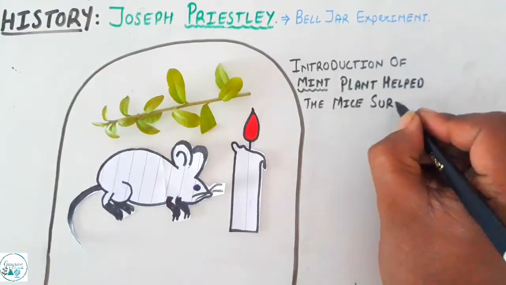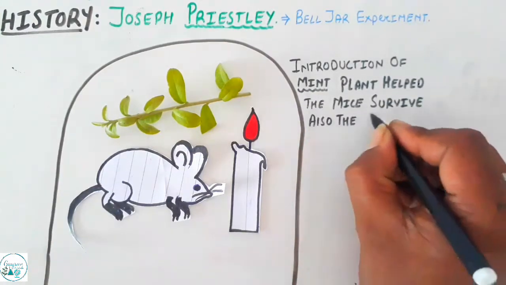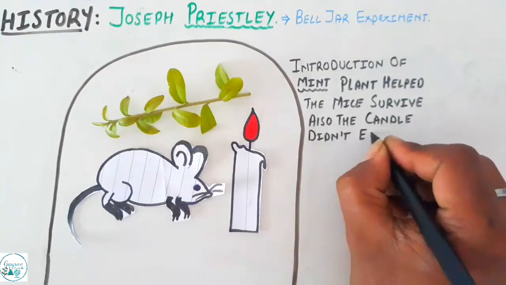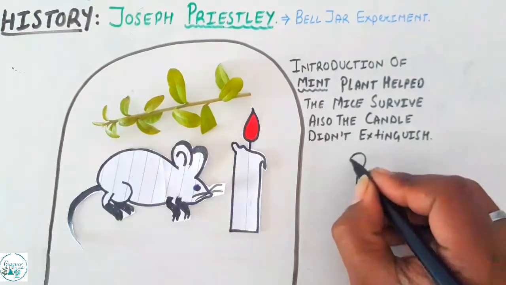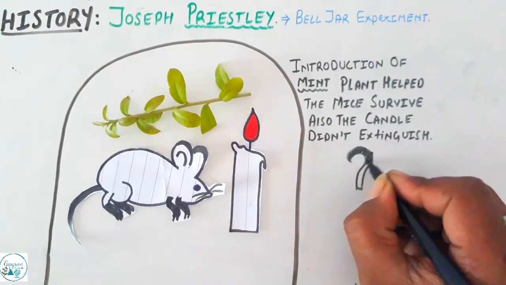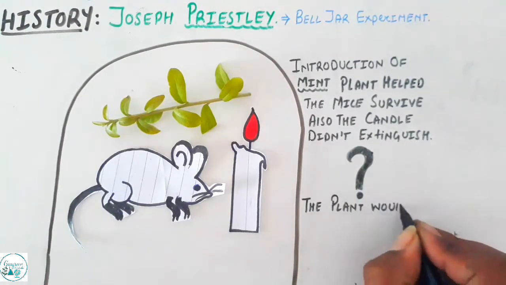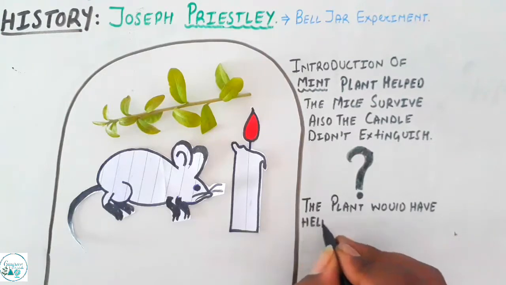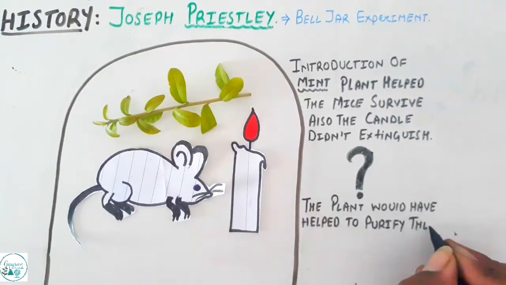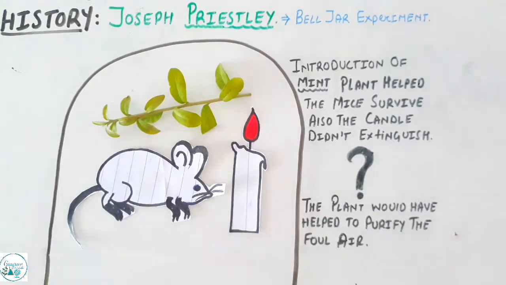He found that introduction of the mint plant helped the mouse to survive longer, and the candle also did not extinguish. Now he was compelled to conclude that the mint plant would have purified the air which was earlier foul. This purified air was referred to as dephlogisticated air.